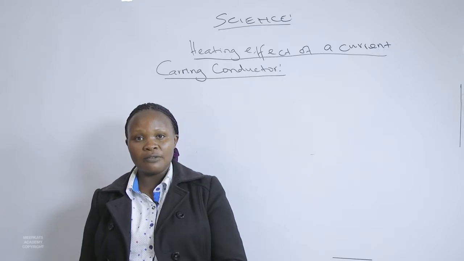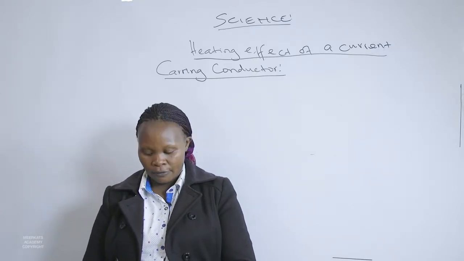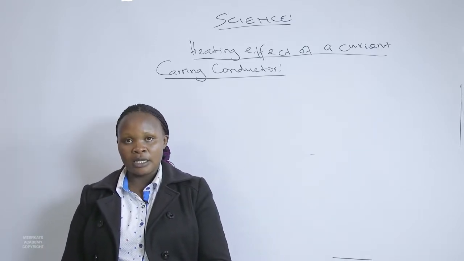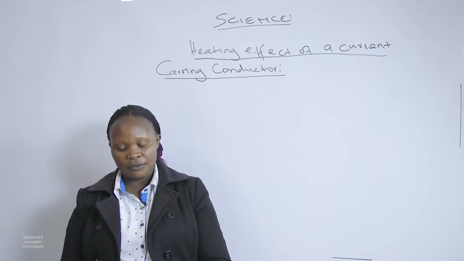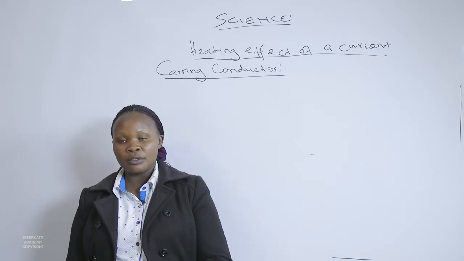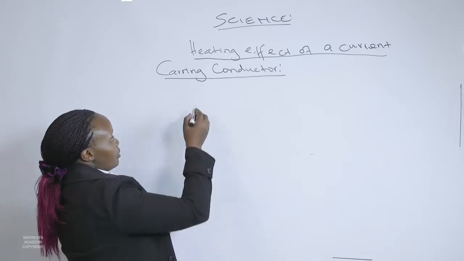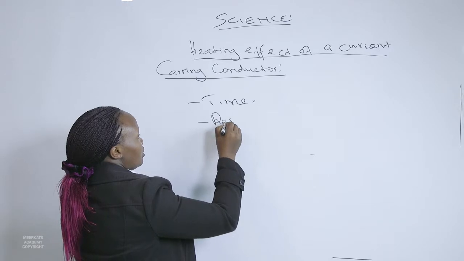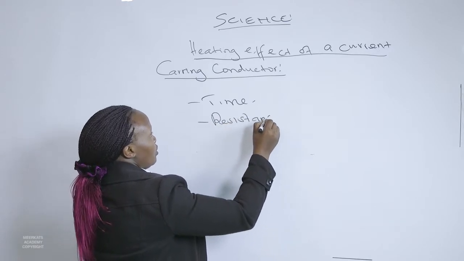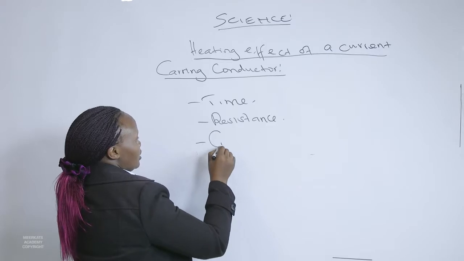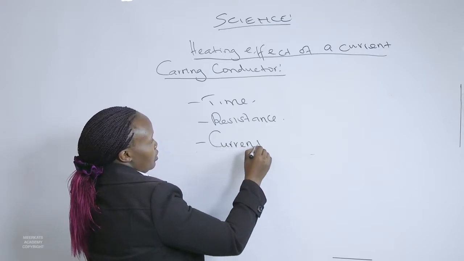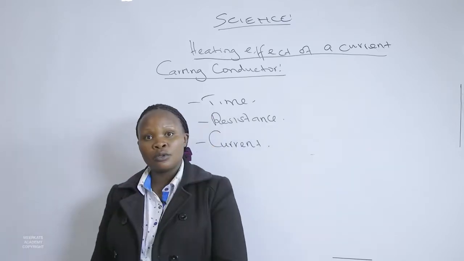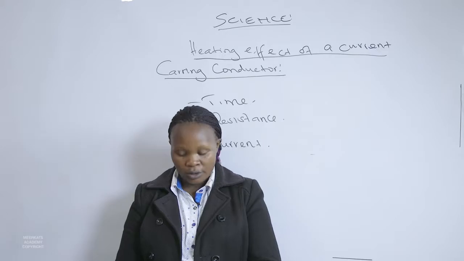We also looked at a few factors that affect this, and they were about 3: time, resistance, and current. We said that for us to study any one of them, we have to hold the other 2 constant.